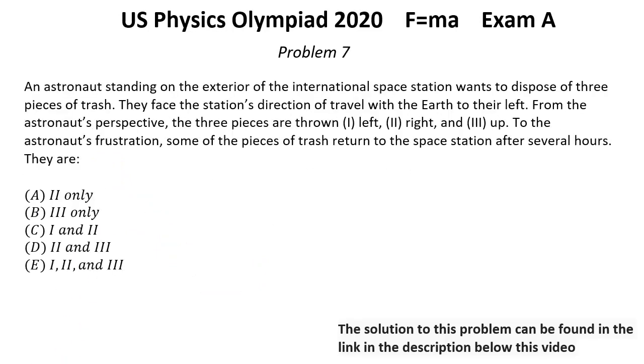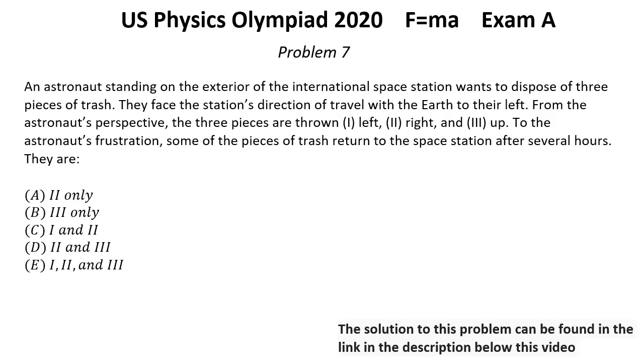Problem number 7. An astronaut standing on the exterior of the International Space Station wants to dispose of 3 pieces of trash. They face the station's direction of travel with the Earth to the left.